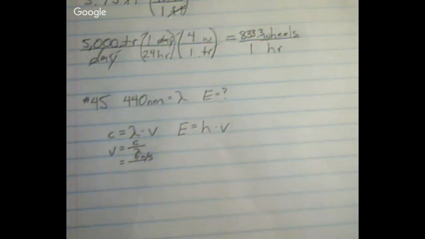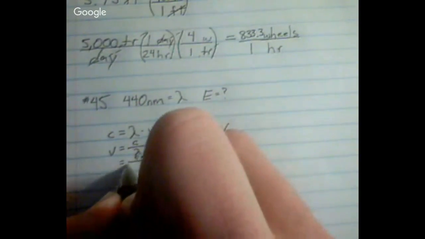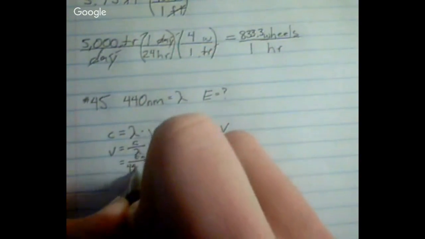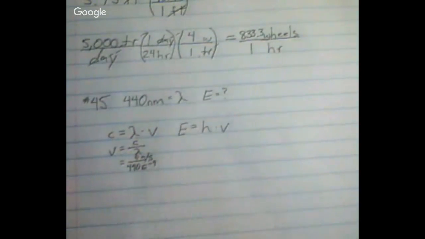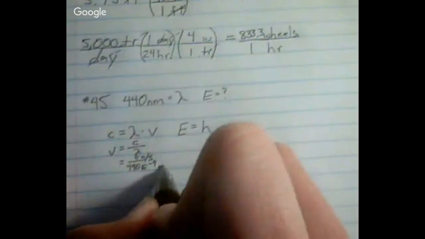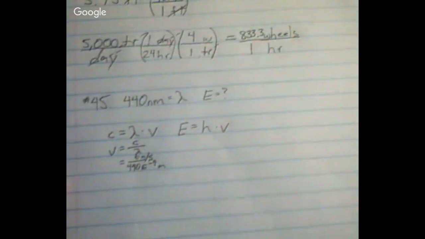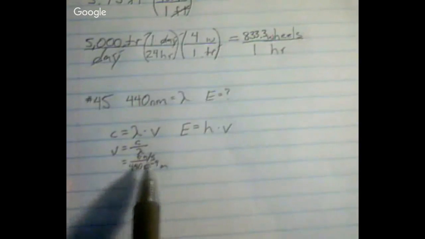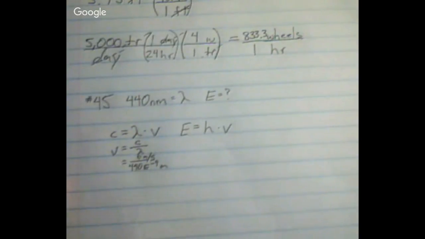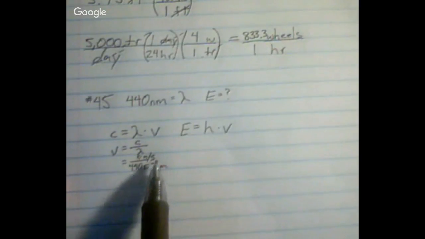So this would actually be 440 times 10 to the negative 9th, and that's going to be just meters. Again, if you guys want help explaining why we did that, I can do that in a separate problem to show that.